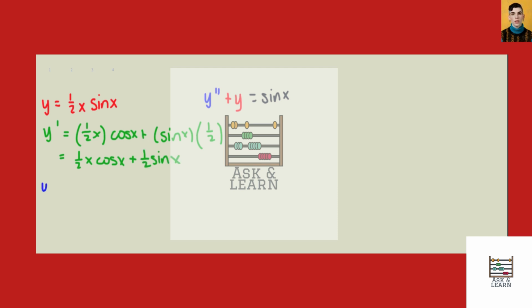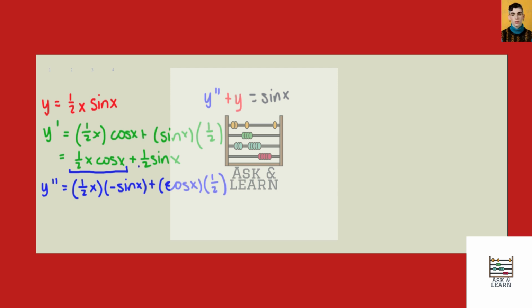And we're going to do the same thing to find y double prime. We have to use product rule for this portion here. So we take the first times the derivative of the second, plus the second times the derivative of the first. It's just 1/2, sorry.